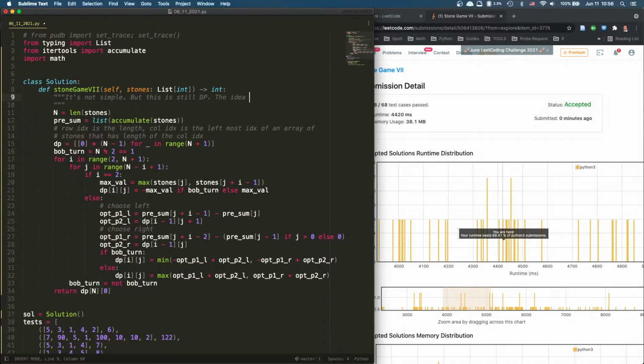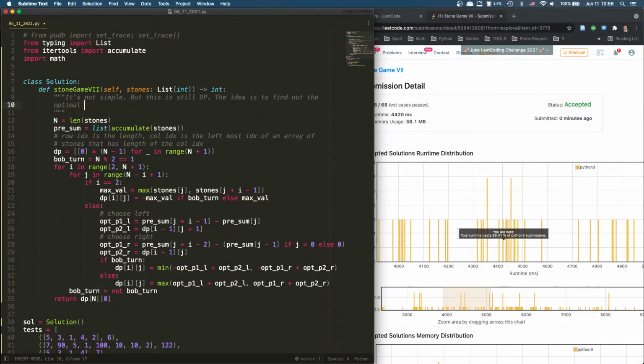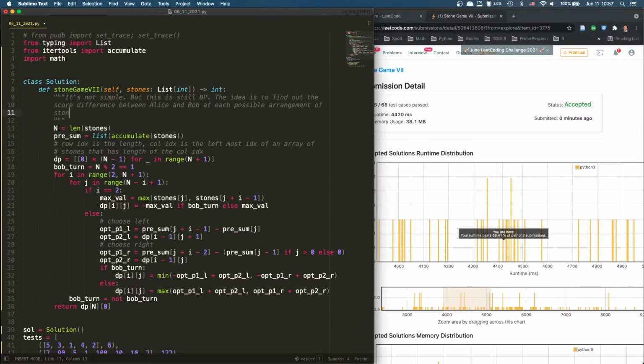The idea is to find out the optimal score difference between Alice and Bob at each possible arrangement of stones. That means we start from 2 stones.